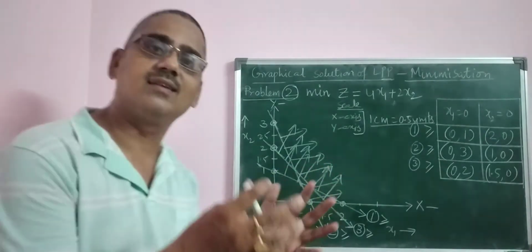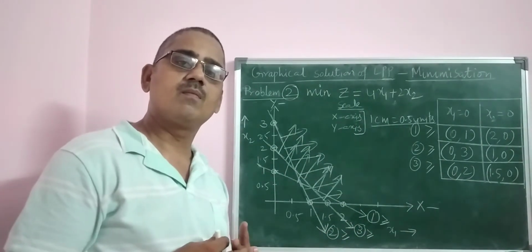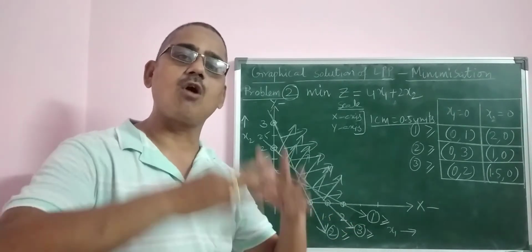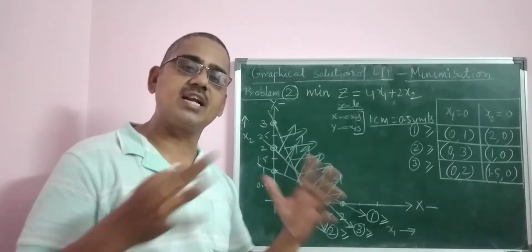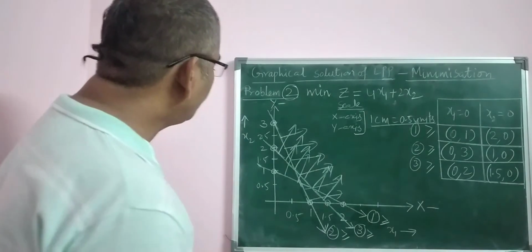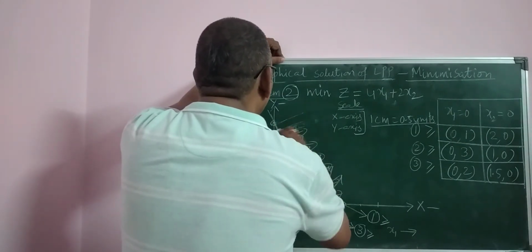Now we have drawn the region for each and every constraint. Now we have to obtain the common region satisfying all the constraints, which is called the feasible region. In this case the common region is this.